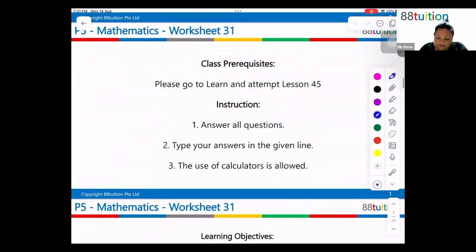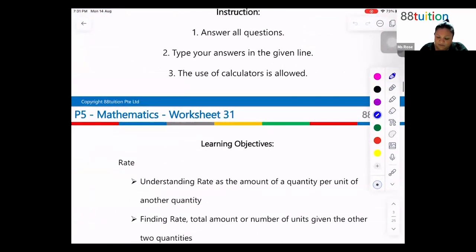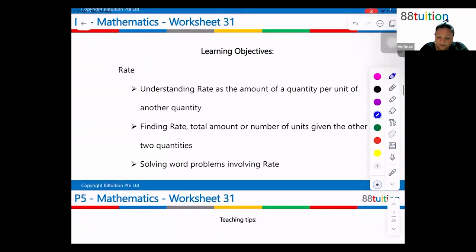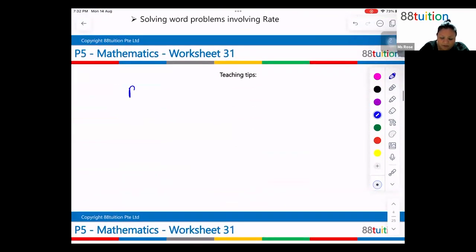Okay, now, very quick recap. The video is on lesson 45. Basically, when we talk about rate, it is always based on 1 minute, 1 day, 1 second, 1 hour.